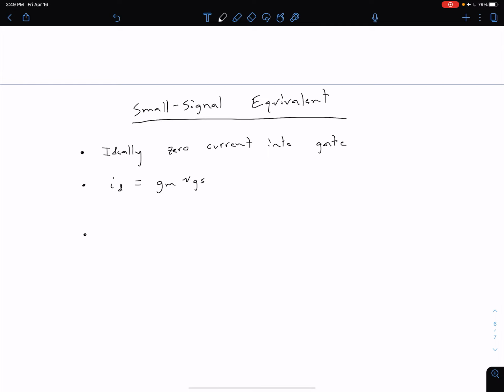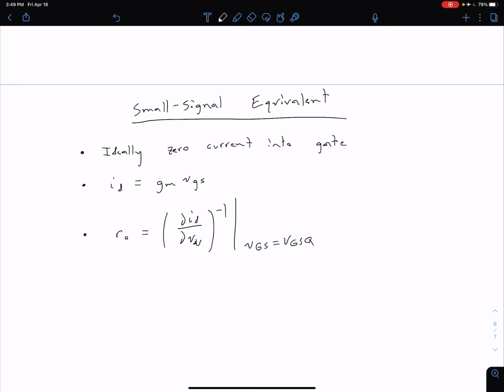And as we looked at previously in the previous unit on MOSFETs, there's also some small signal output resistance, R0, which is equal to the slope of our ID versus VDS curve. So this is the partial derivative of ID with respect to VDS, or actually 1 over the slope of that, evaluated at the Q point, so for VGS equals VGSQ.